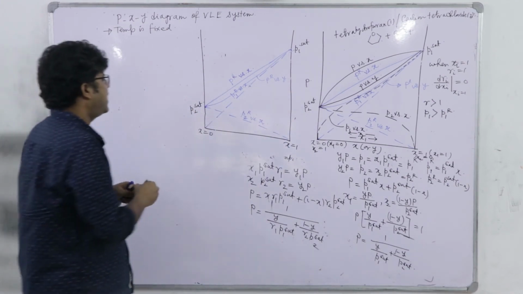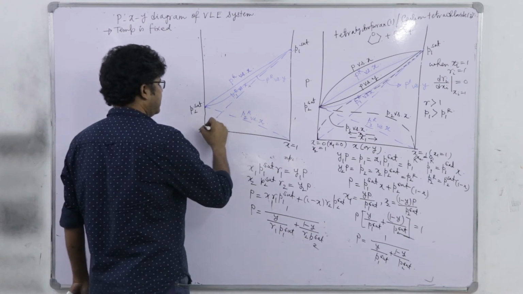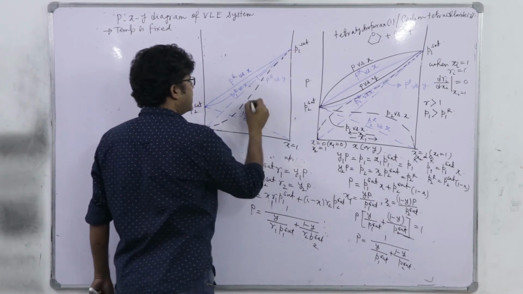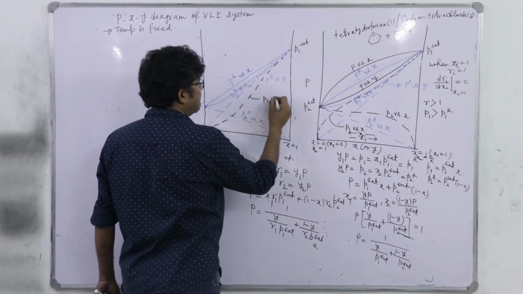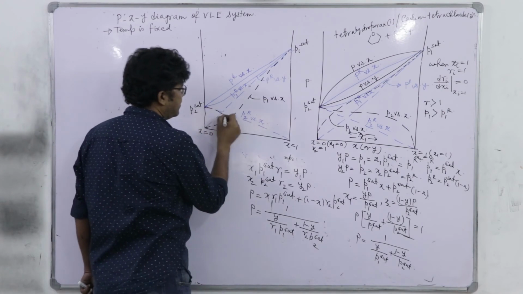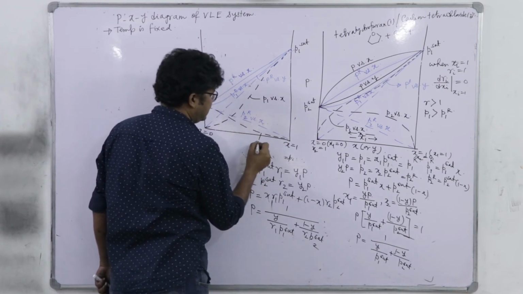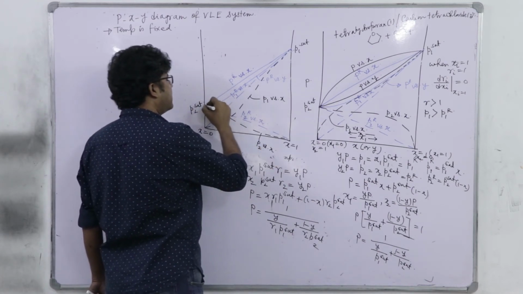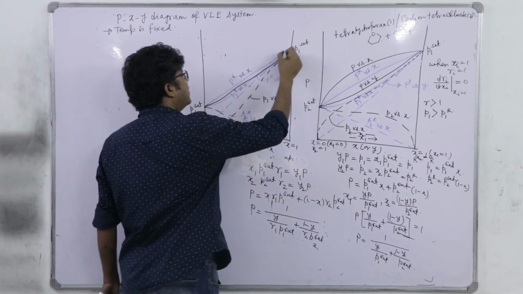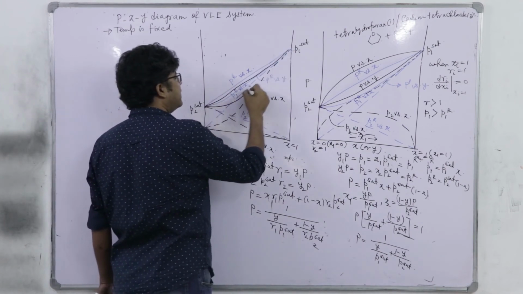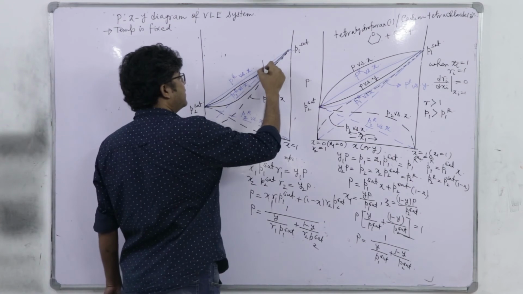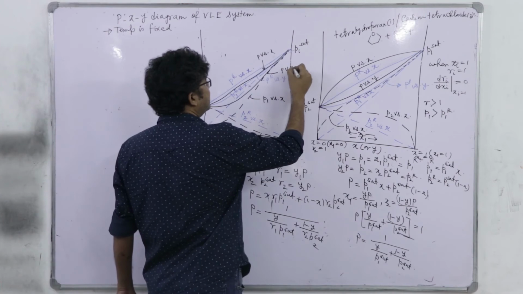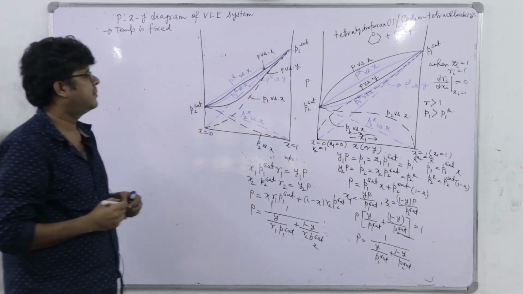Okay. Now, we have negative deviation. So, this one is P1 versus x, this is P2 versus x. So, we will have this maybe as P versus x, and this may be for P versus y. So, P versus x and P versus y. So, it will move downward.